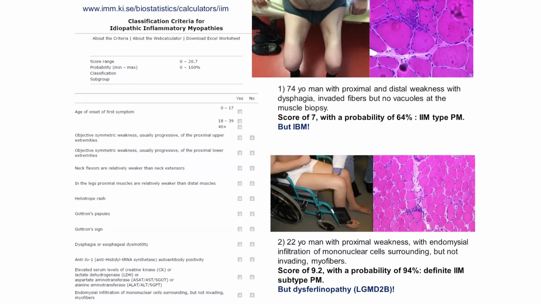So we play the game, and it's one ongoing work in my team. And for instance, 2 examples showing the limit of this algorithm.